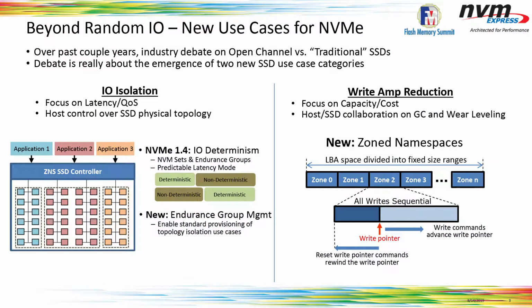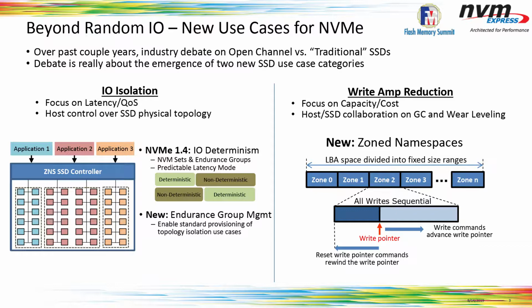As far as the write amp reduction use case, we've added what we call zone namespaces to NVMe. We're working on this spec in the committee now. The basic idea is that we divide the logical address space into fixed size ranges, and we enforce sequential write rules.